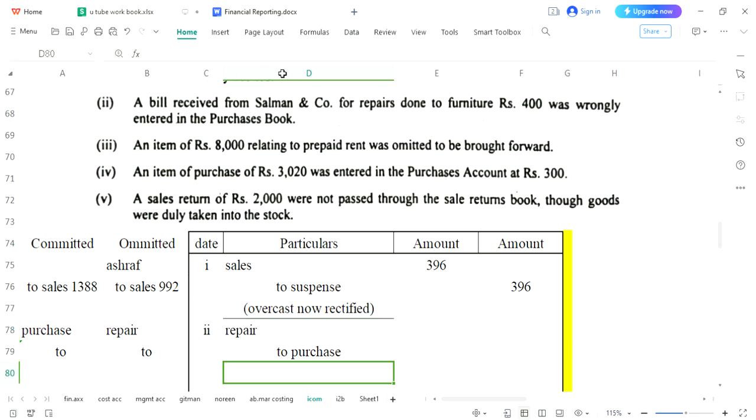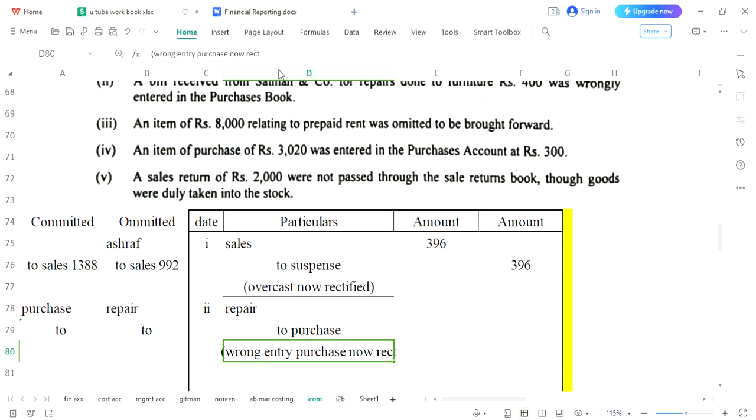Here you can write your narration. Wrong entry of purchase now rectified. Here you may write off. Actually, space was very short, so I was supposed to write only. Okay.